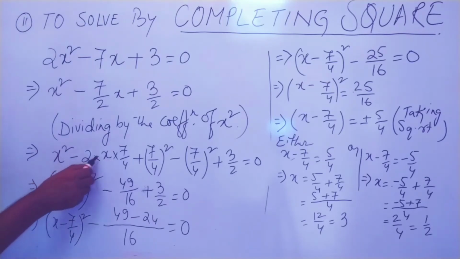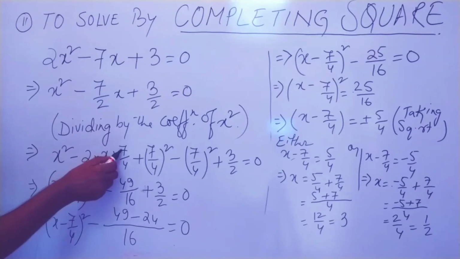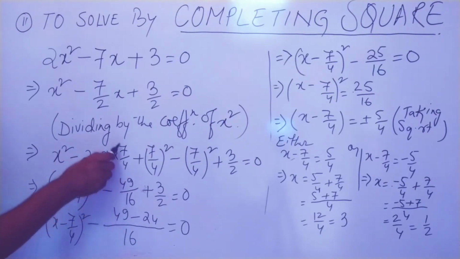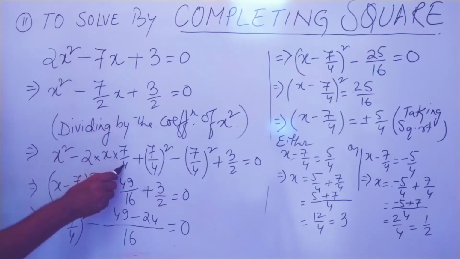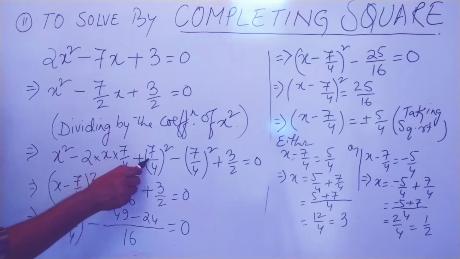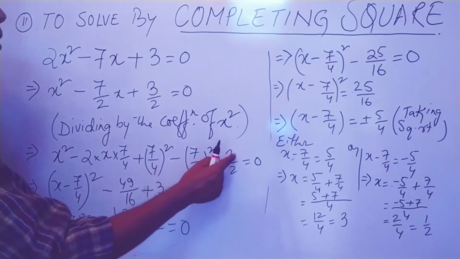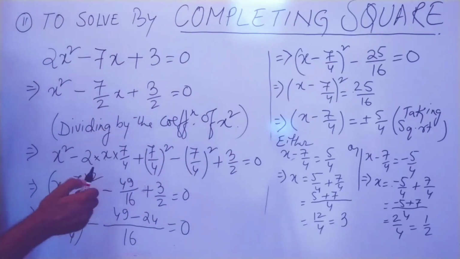x square minus 2 times x times, 7 by 2 is there, so 7 by 2 divided by 2 is 7 by 4. So this is the extra 7 by 4 whole square, which is b square. We write it extra, so we have to subtract it, plus 3 by 2 as above.